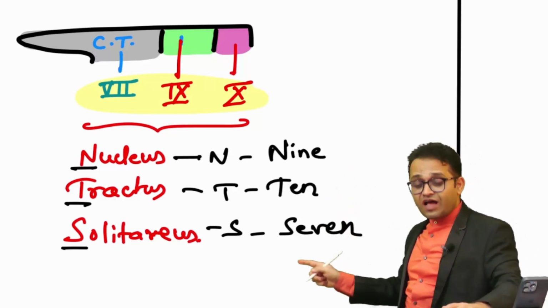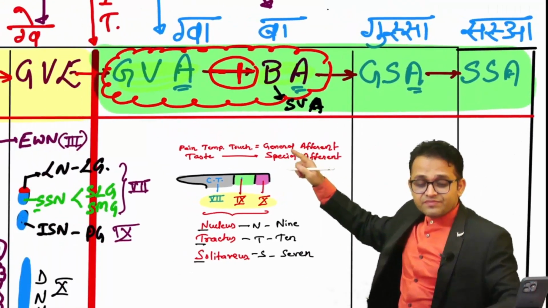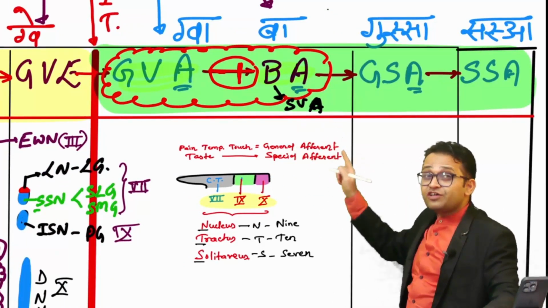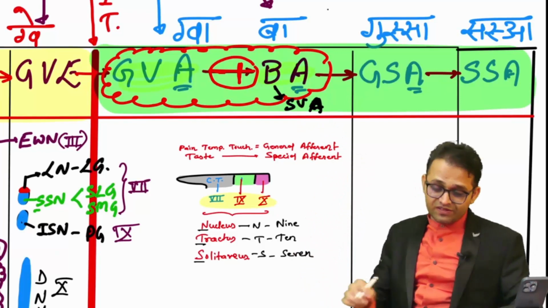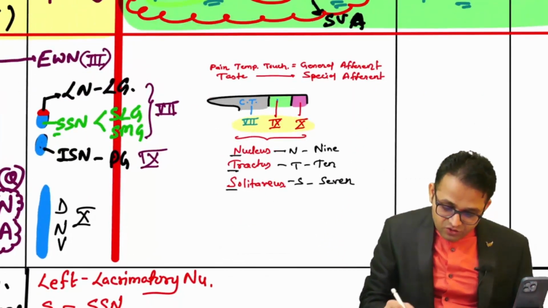So which cranial nerves are under the general visceral afferent and the special visceral afferent? Your answer is 9, 10, 7, that is the nucleus tractus solitarius. And where are these located?